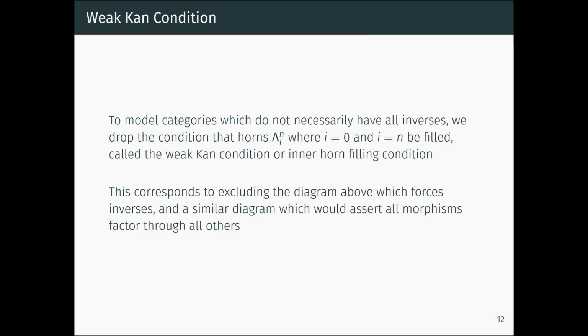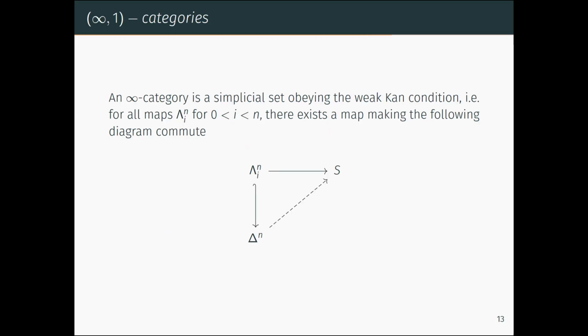And then there's a similar diagram which would basically assert every other morphism factors through every other morphism. And so this leads us as well to our definition of an infinity one category in a quasi-category sense.